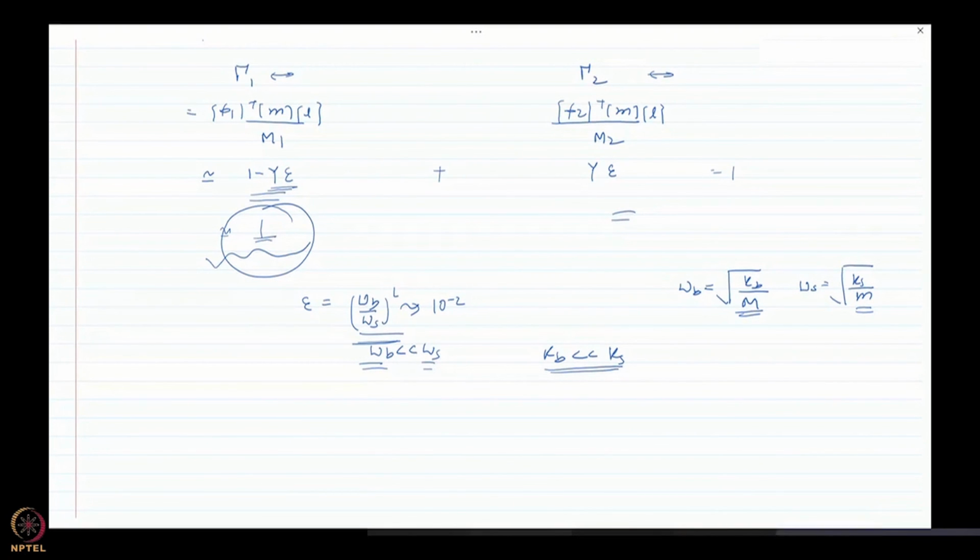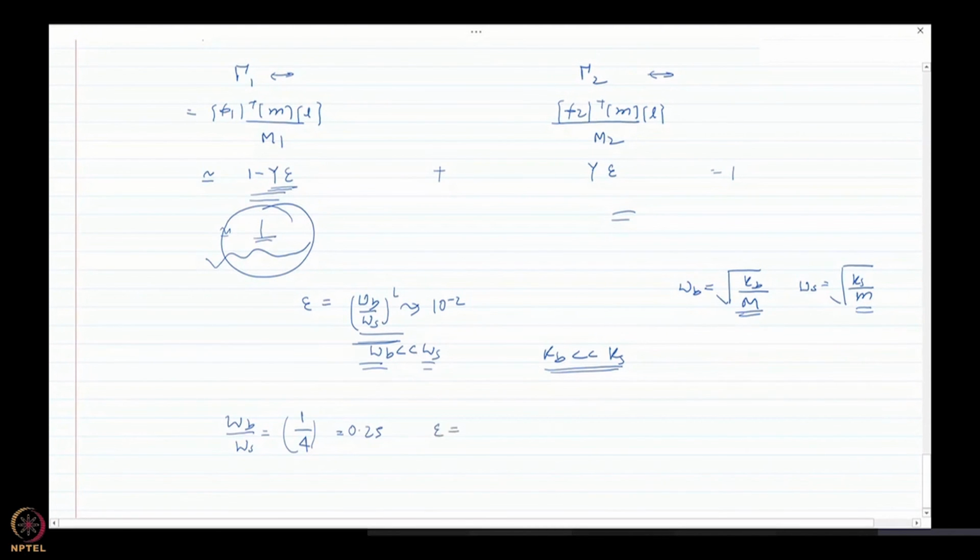So if the structure period is 0.5 second, we go for at least 4 times that, let us say 2 second, so that omega b by omega s becomes 1 by 4. I've just reversed that one. So this is omega b by omega s, and this is 0.25, right?